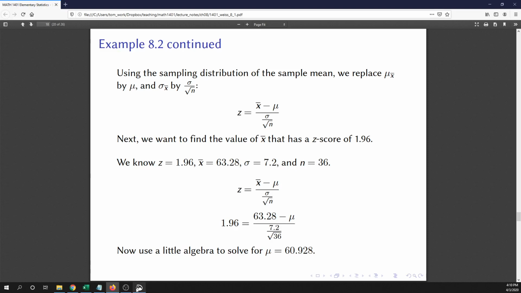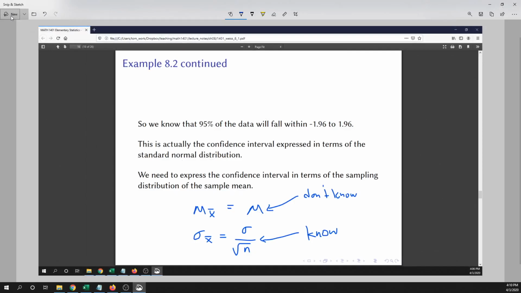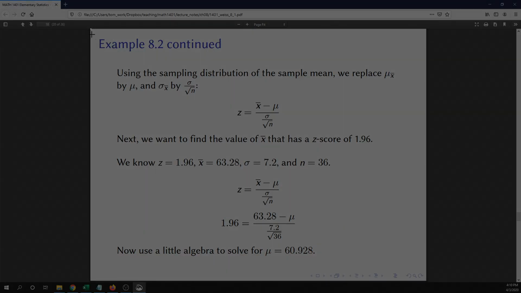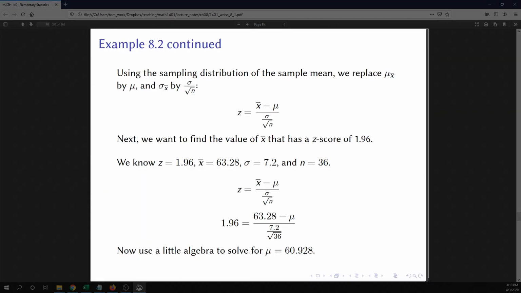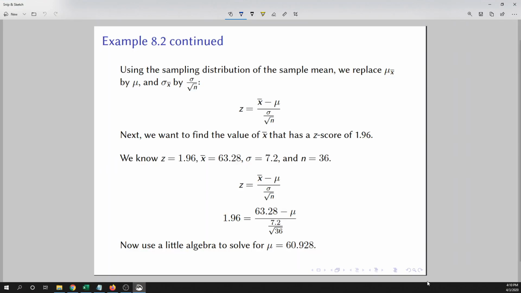So let's take a look at how that's done. Okay, the first thing I would do is multiply both sides by this expression right here, 7.2 divided by the square root of 36. Multiply this side by the same value.